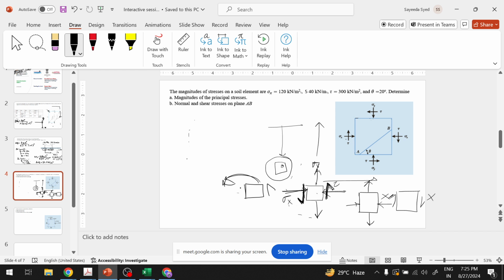But because I am applying a force here, or creating a stress such that there is a stress here, let's call this tau x and tau y. Okay.